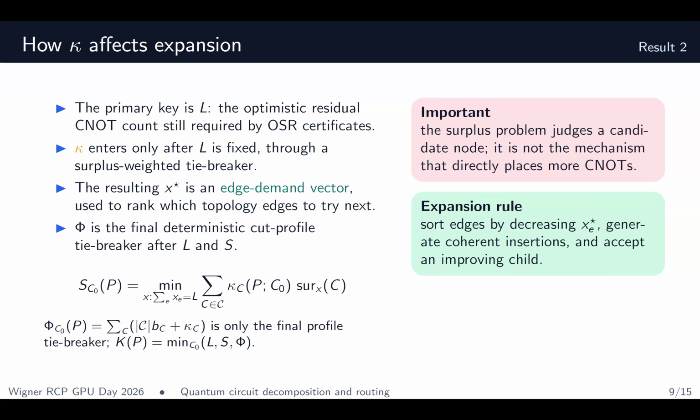So basically the minimum number of CNOTs, then this idea of a surplus metric, and then finally the final profile tiebreaker here is just the kappa without using the surplus, right? So we try to maximize the information that we have.